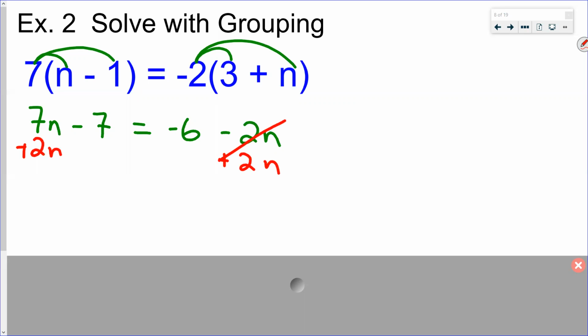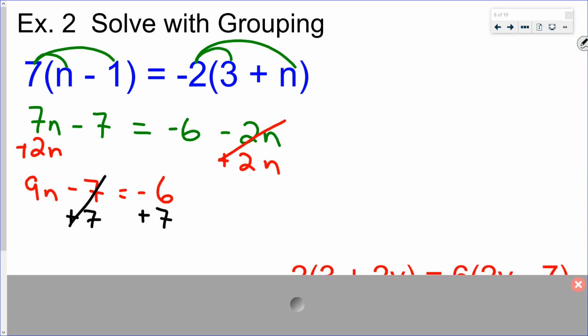These go away. 7 plus 2 is 9n, minus 7 equals -6. We look here, the n's are on the left, so now we're going to move our constants to the right. So we're going to add 7. Those go away, leaving us with 9n equals -6 plus 7 is -1.